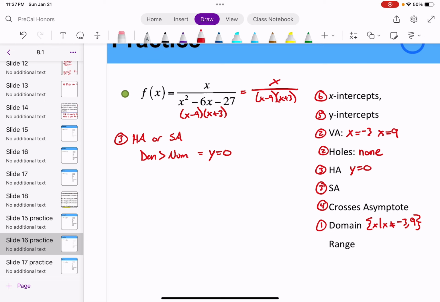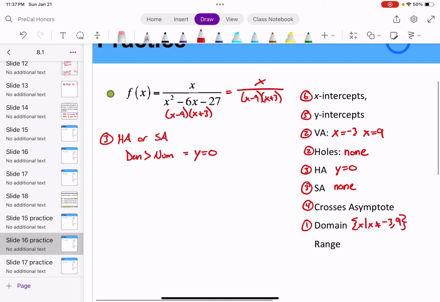Now keep in mind, every single time that we have a horizontal asymptote, we will not have a slant asymptote. So this is none. We do have to determine whether or not it is going to cross. So we are going to find our horizontal asymptote, which is 0, and we're going to set it equal to our simplified equation, which is x over x minus 9, x plus 3.